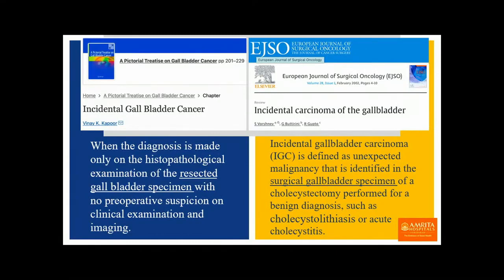Dr. Kapoor, in his chapter on incidental gallbladder cancer, took resected gallbladder specimens to have an incidental gallbladder cancer. Another paper from Dr. Varshney's group from Bhopal also had only the specimen of gallbladder which was possibly secondary to a benign pathology and revealing a cancer to be taken as incidental gallbladder cancer.